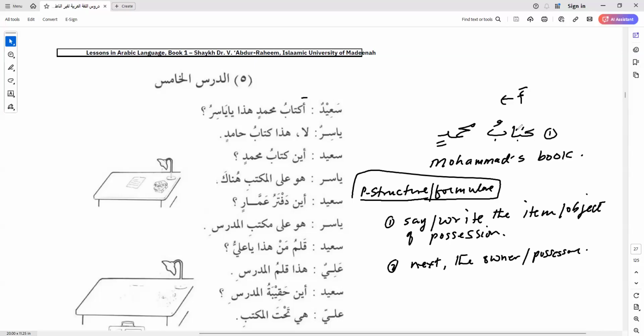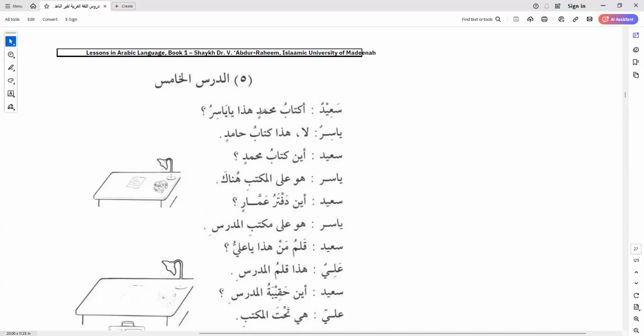Later on, when we go deeper into the language, we're going to know that this structure can have other implications or meanings. But for now, we're using it for possessive structures in Arabic. Kitabu Muhammad. And the next thing is to look at the vowel structure. Very, very important. If you look at Kitabu Muhammadin, Kitabu Muhammadin.